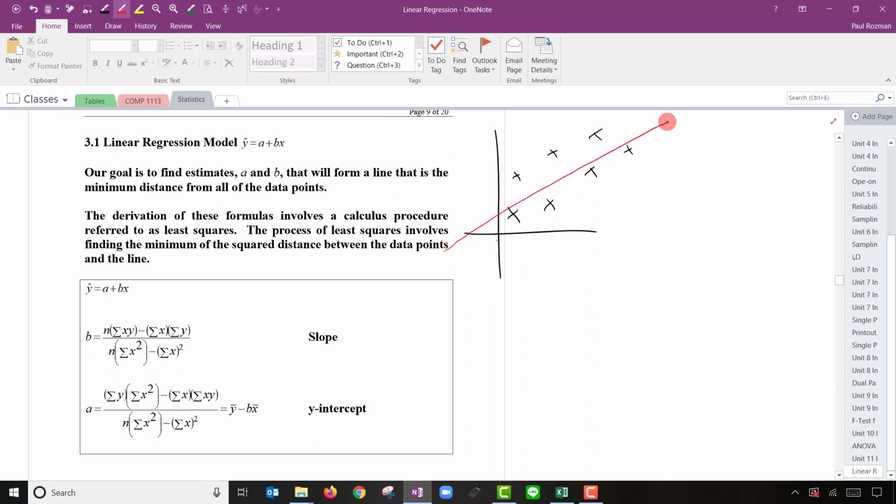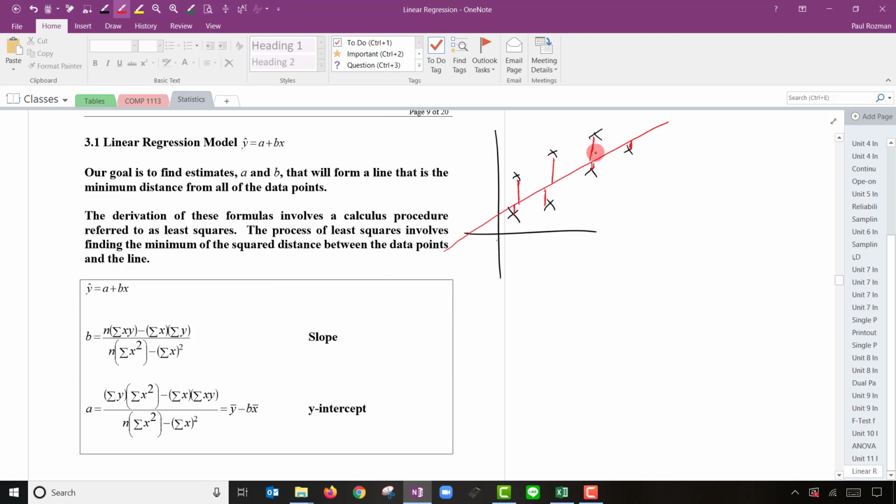So say I have the line here. I would want all of these distances to be as small as they can be. And to adjust that, I just keep jiggling that line around until I find the smallest total error.